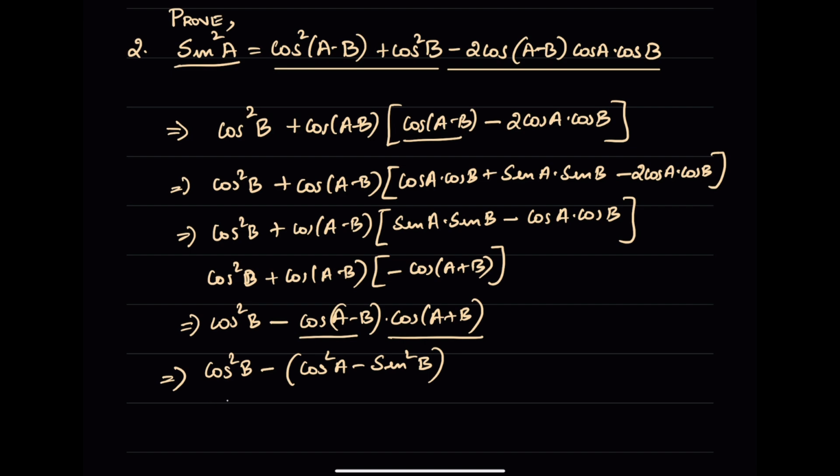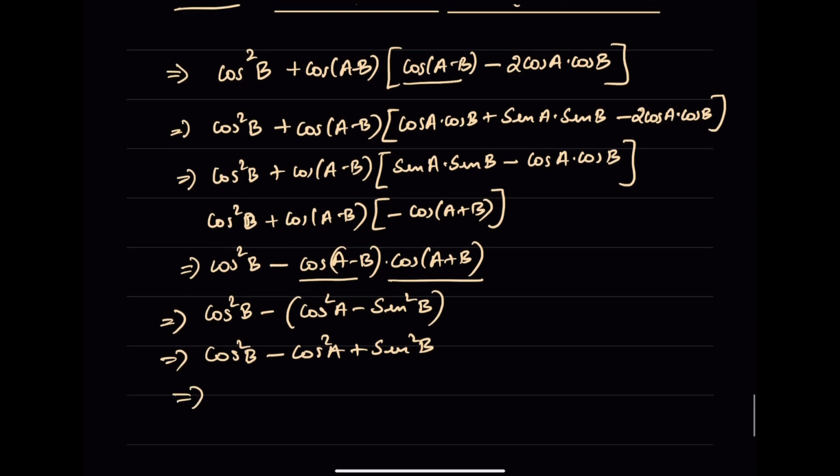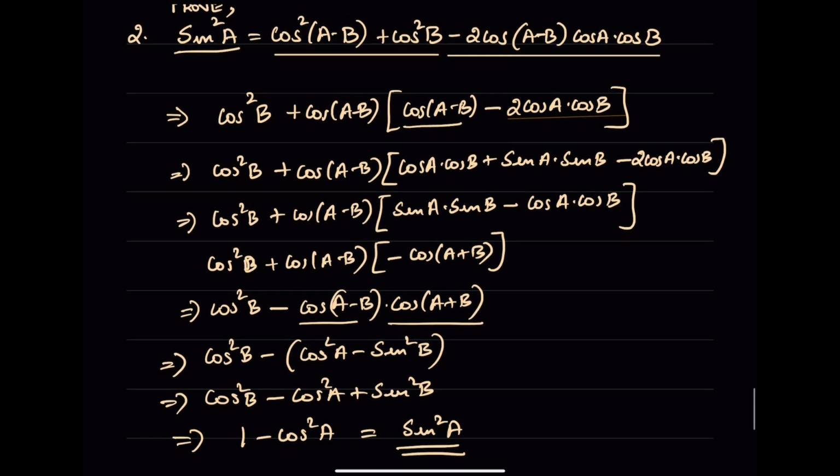So this will be cos square B minus cos square A plus sin square B. Now cos square B plus sin square B will be equal to 1. So this will be 1 minus cos square A, and this is nothing but sin square A, because sin square A plus cos square A is equal to 1. So this is how we can prove the second question by applying the difference formula of cosine function.